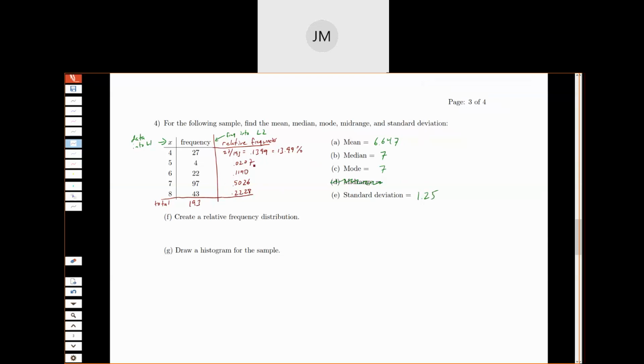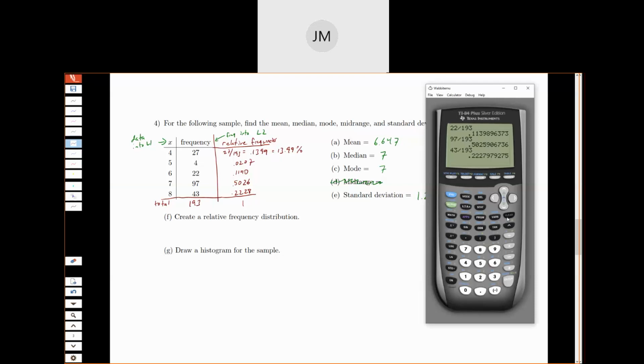Okay, when I add these up, they should add up exactly to 1. Let's just check that really quickly. So I wrote down 0.1399, 0.0207, 0.1140, 0.5026, 0.2228, and they do end up adding exactly to 1.